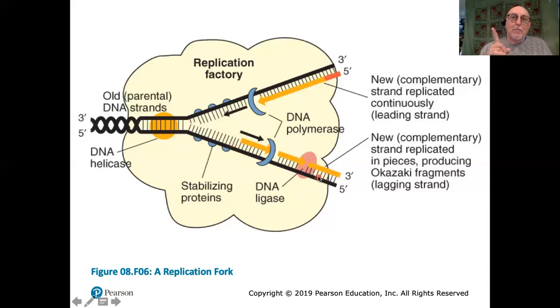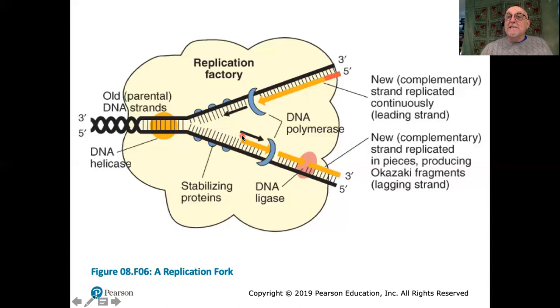We've got a problem, because before we can start adding DNA bases, we've got to lay down an RNA primer, which means we've got to open up this replication fork enough that I can lay down a primer. I'm going to lay it down here, because I've got to add in that direction.